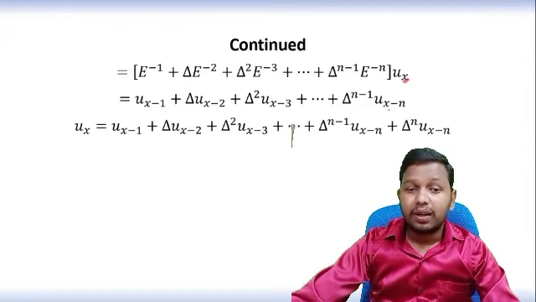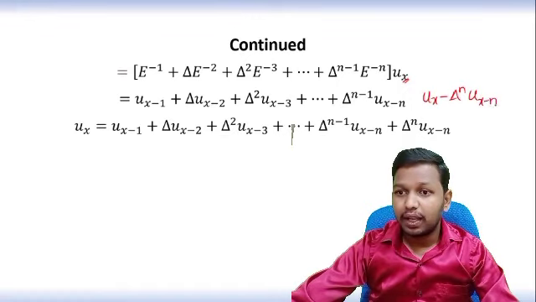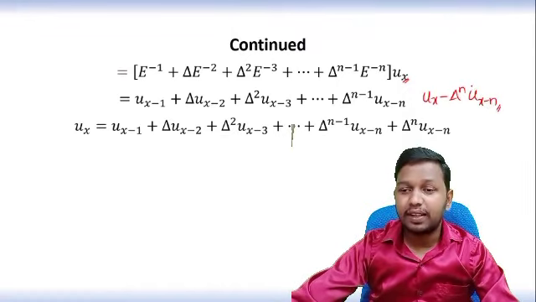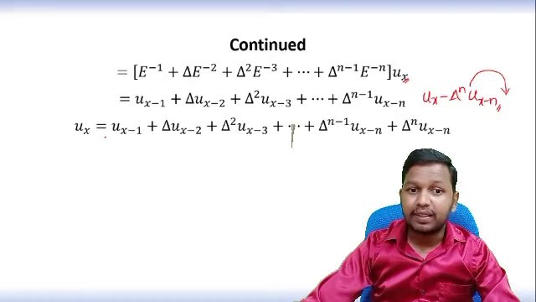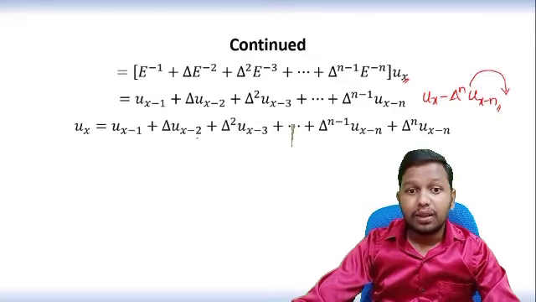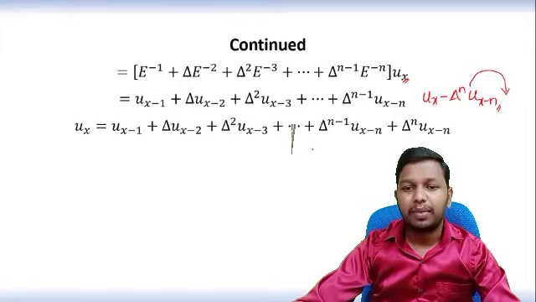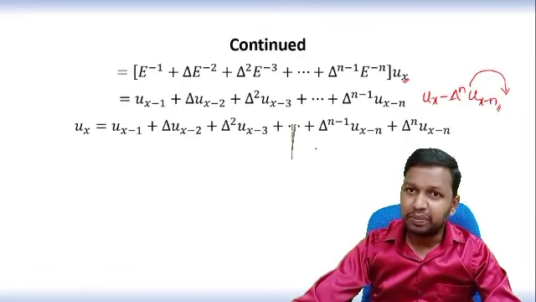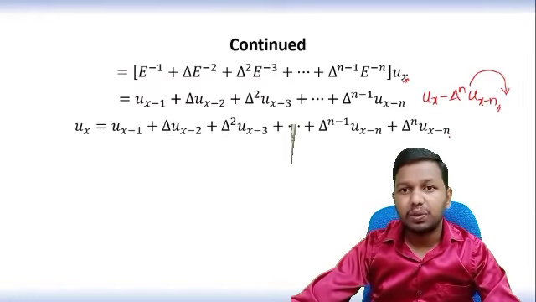So initially we consider ux minus delta to the power n u of x minus n in left hand side. Take this to the right hand side, we get ux is equals to ux minus 1 plus delta ux minus 2 plus delta square ux minus 3 plus and so on plus delta to the power n minus 1 ux minus n plus delta to the power n ux minus n.